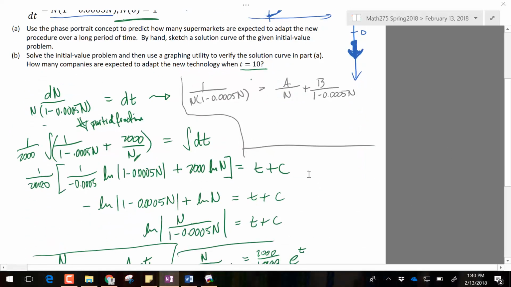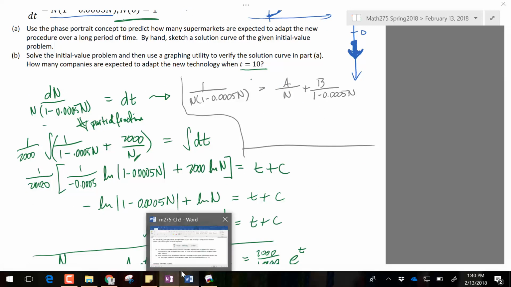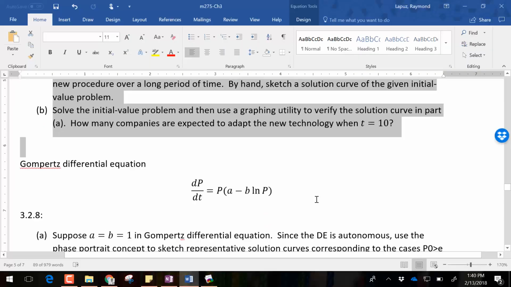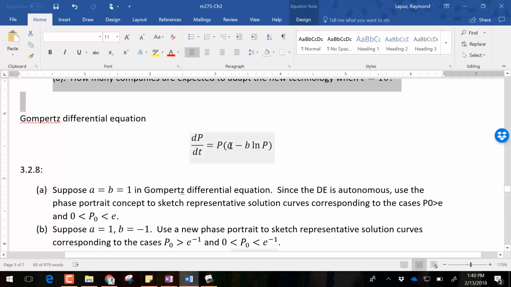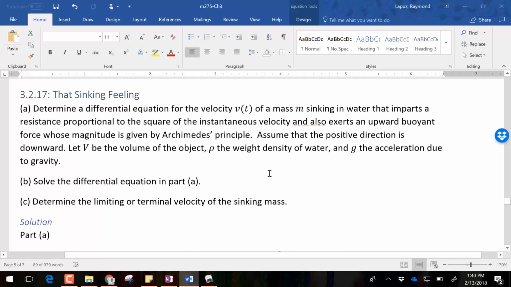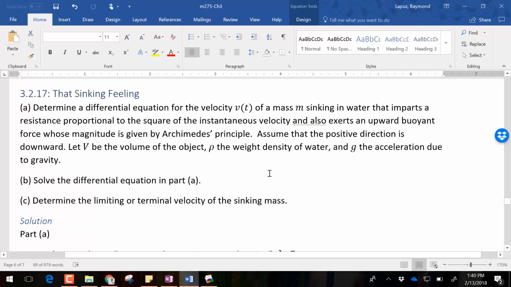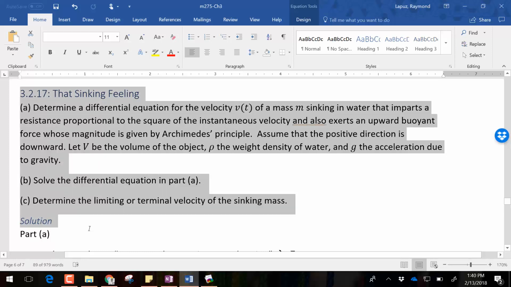I had two more examples that I was thinking about doing, but we're not going to have time to do both of them. The other one is this equation, which is fairly similar, I think. This is probably a good one to do. So this is number 17 in your textbook.